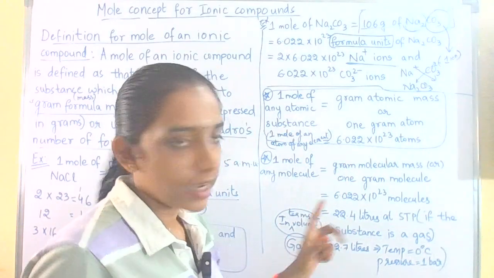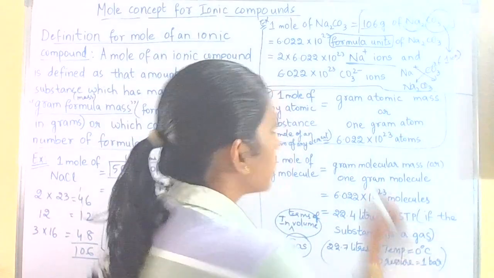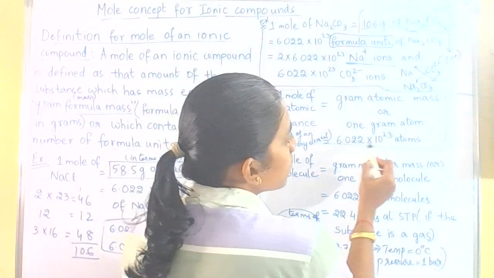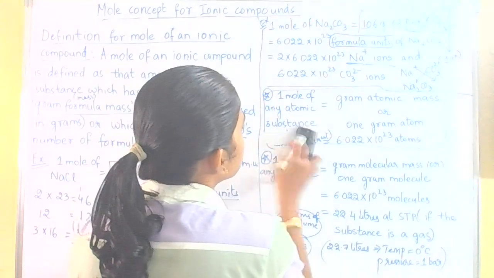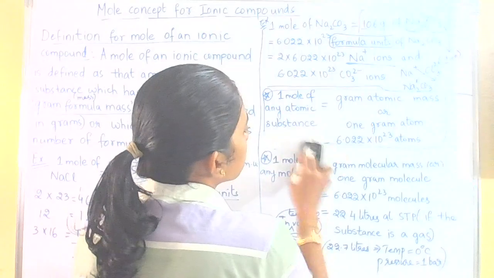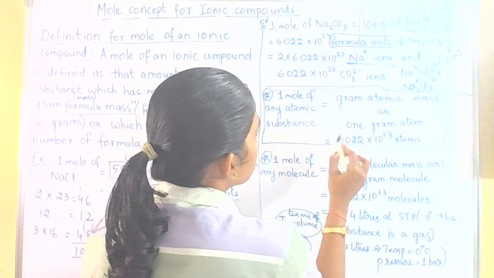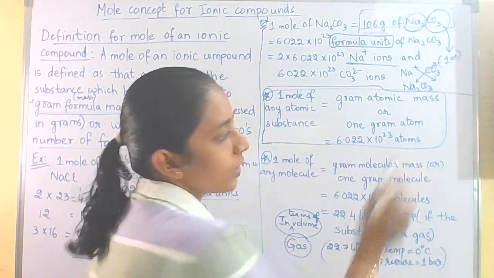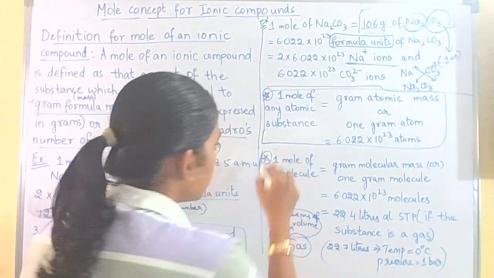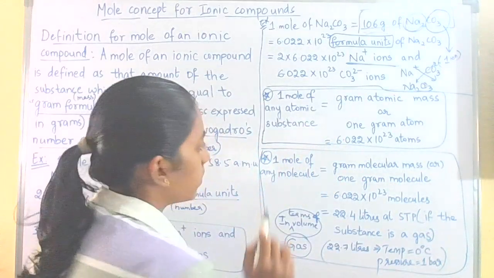I have already said that 1 gram atom is equal to gram atomic mass, which is equal to 6.022 into 10 to the power 23 atoms. This is a very important formula. One mole of atom is equal to gram atomic mass, which is equal to 6.022 into 10 to the power 23 atoms.